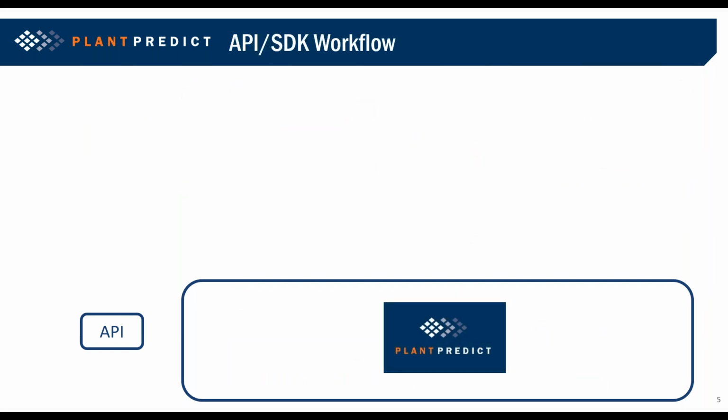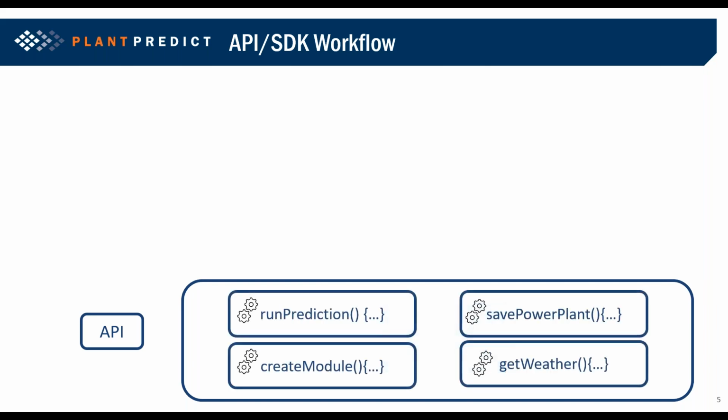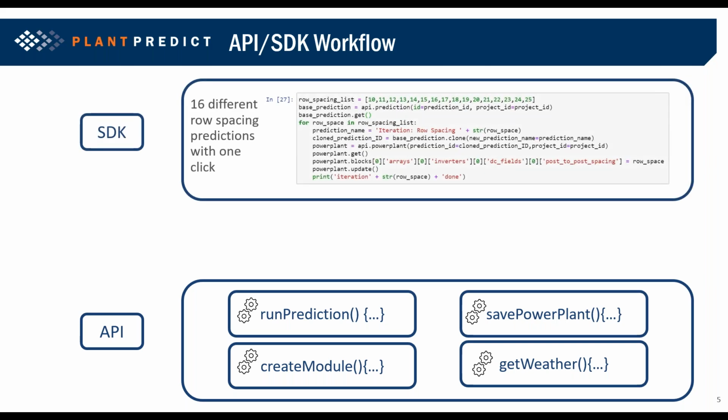This is the alternative. This is the API and the SDK interaction. Again, you have your API, you have all of the complex functions and databases. Nothing's changed there, but instead of the GUI, you have an SDK. What's exactly written in the code isn't as important as that there are 16 different row spacing predictions with one click that get generated when this cell is run.